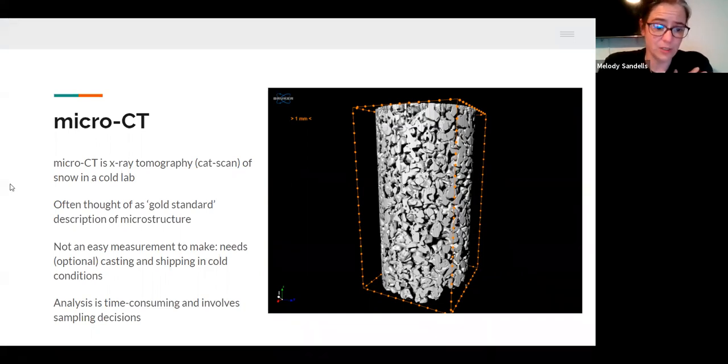So it is time consuming to make these observations, and there are also quite a lot of sampling decisions you have to make, for example, the resolution of your scans and all sorts of things. In the image here you can see some of it's black, some of it's white, and some of it's grey. So where do you place that boundary between black and white, essentially? So go to the next slide, please?